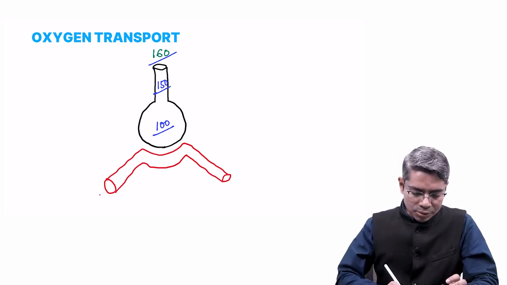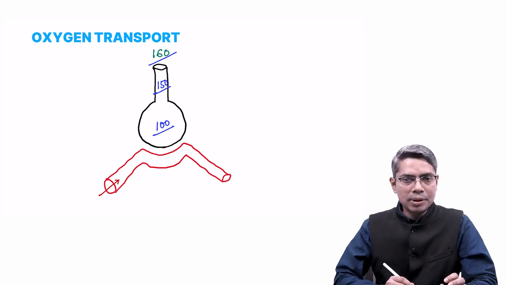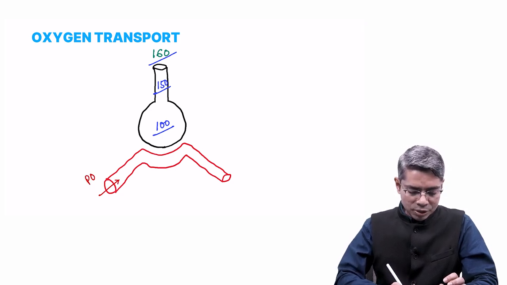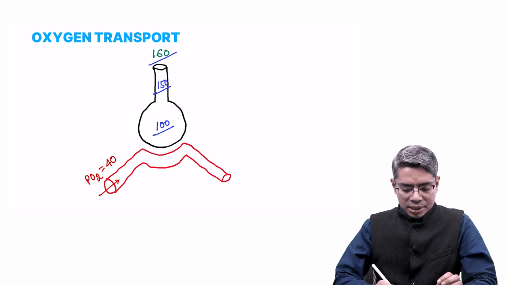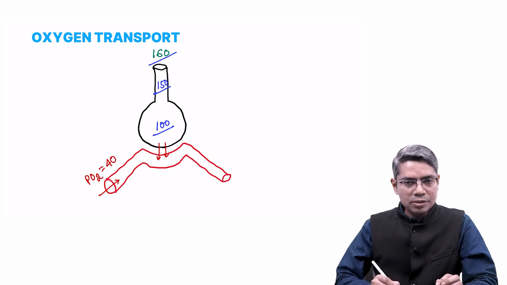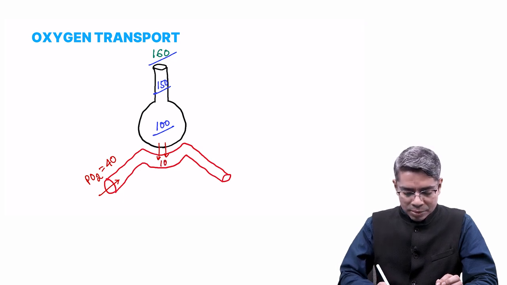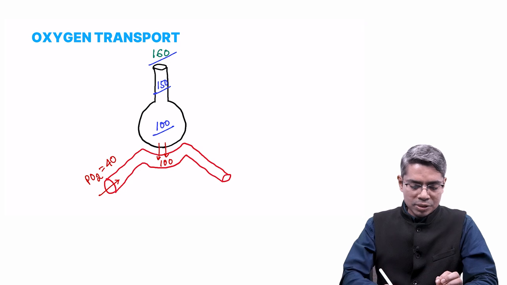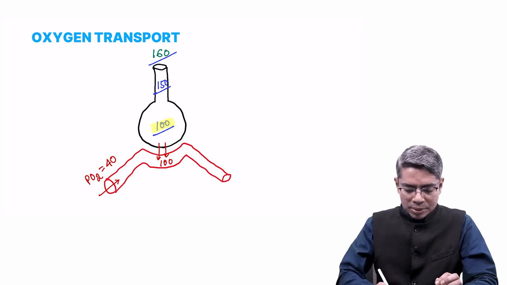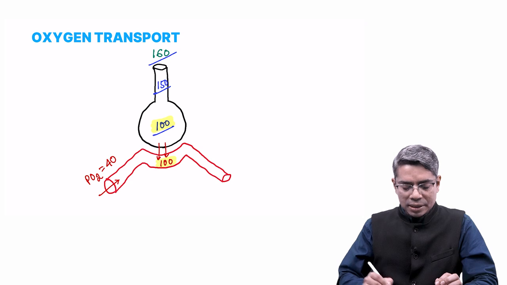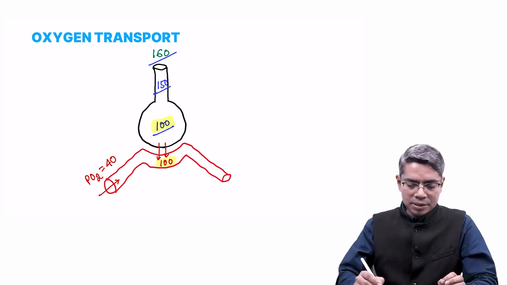The venous blood which is entering the alveoli has a partial pressure of oxygen of 40 millimeter of mercury. After entering the alveoli, the oxygen exchange happens, and there will be equilibrium of the partial pressure of oxygen with that of the alveoli. So the capillary blood will also have the same partial pressure.